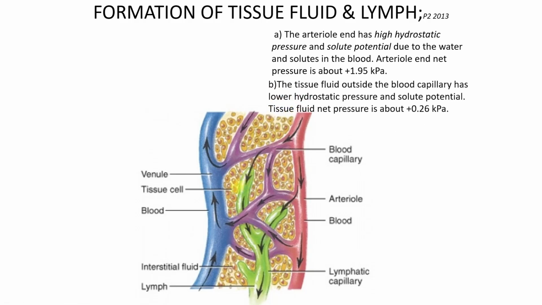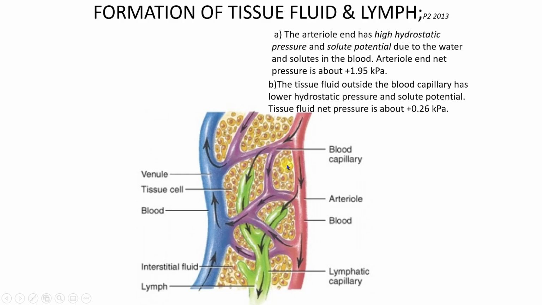The tissue fluid outside the blood capillary has lower hydrostatic pressure and lower solute potential, and the tissue fluid net pressure is about positive 0.26 kilopascal. Again, let me rephrase. This is where the tissue fluid can be found, and this tissue fluid is also known as interstitial fluid.